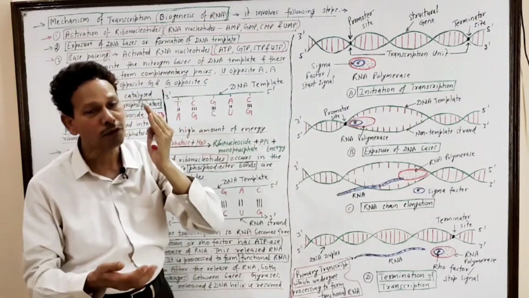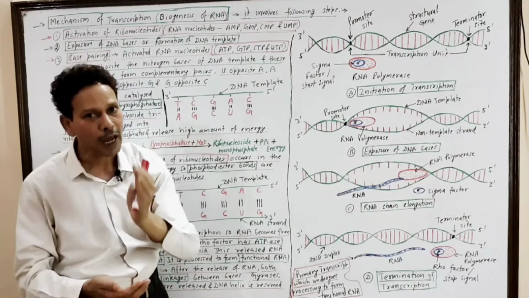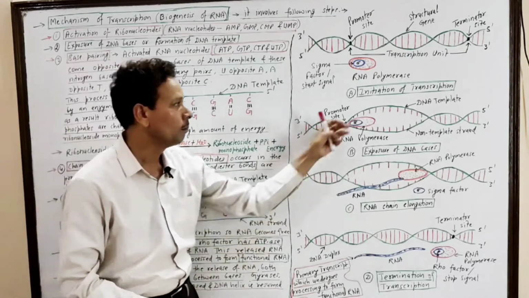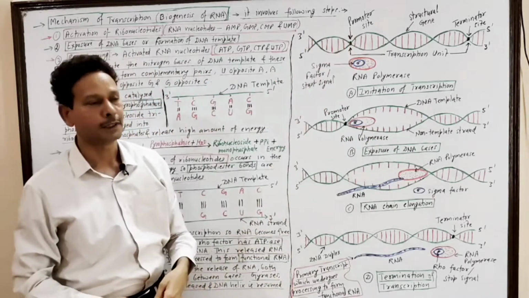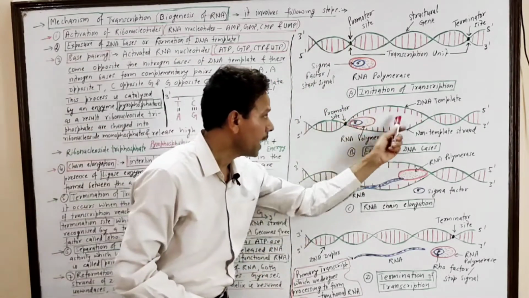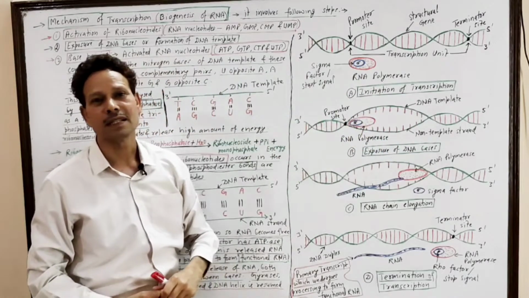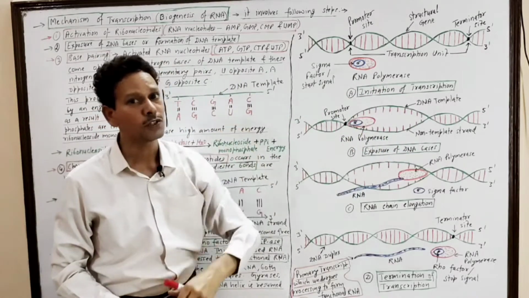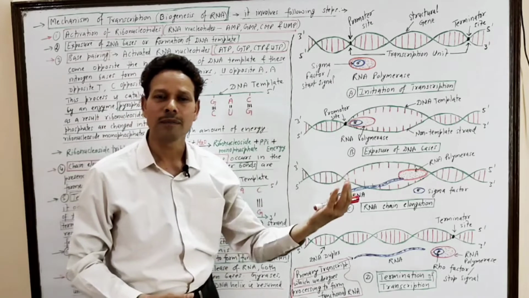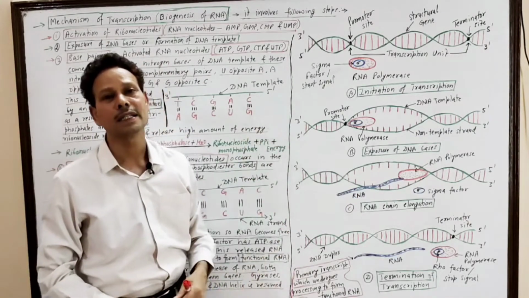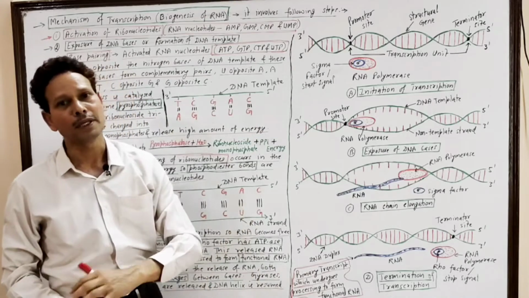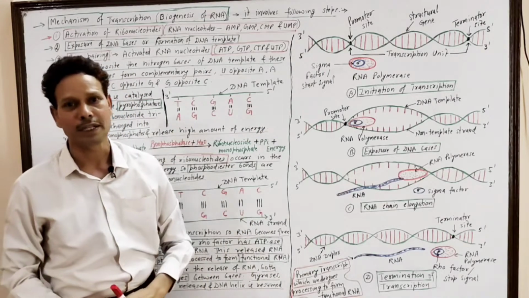At the time of transcription, both DNA strands become separated. And the exposure of nitrogen bases occurs in presence of several enzymes: helicases, gyrases, unwindases, SSBP, single-stranded binding proteins.